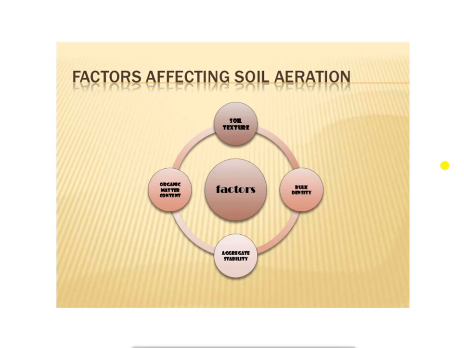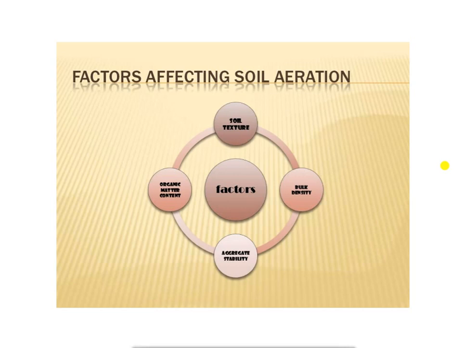Bulk density increases with pore space. When bulk density is high, pore space is high. Aggregate stability has to do with absorption of moisture. When it is at moist level, there will be more rapid movement of gases between soil air and atmospheric air.